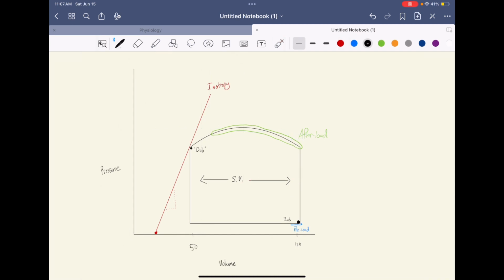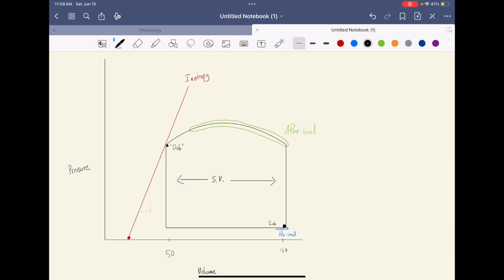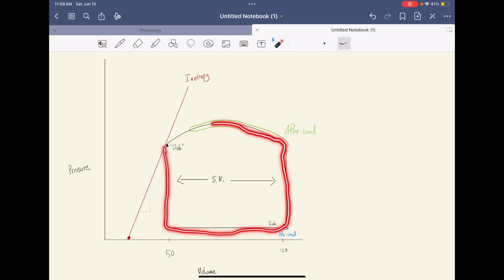Along with the cardiac cycle, we have a pressure volume loop, and this is a representation on a graph of what is going on just in the heart as a whole during that entire process. So this kind of boxy looking part is the contraction and relaxation of the heart.